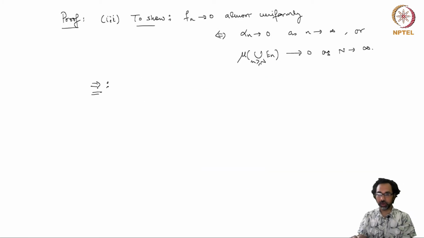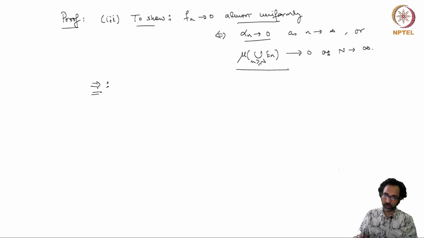So for the third part, we have to show that Fn converges to 0 almost uniformly if and only if either the height goes to 0 or the measure of the nth tail support goes to 0. So let's start with the forward implication.